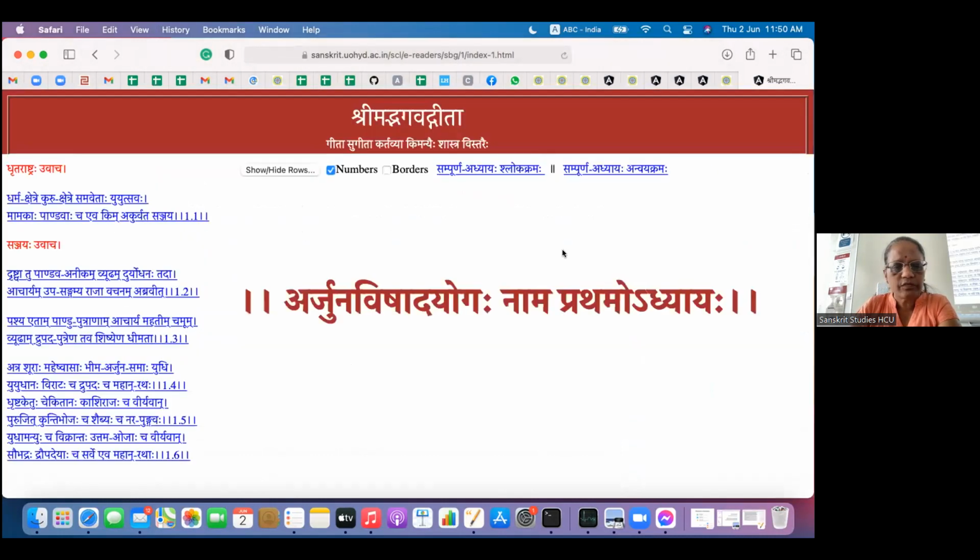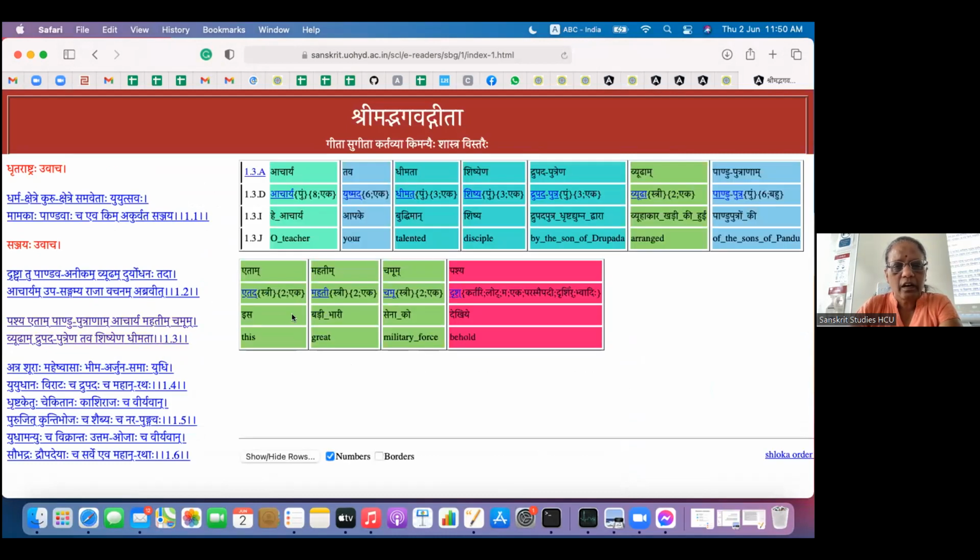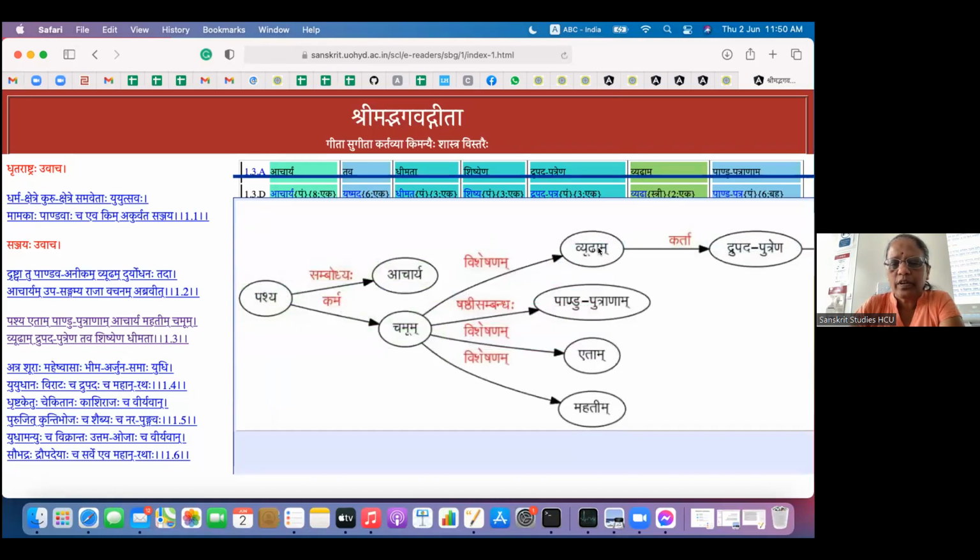So we go to this first chapter, and here is this third shloka which we were looking at. When we click on this, unfortunately, this is there only in Devanagari. It's not there in Roman. But you click on this or bring the cursor over here and you get complete analysis.